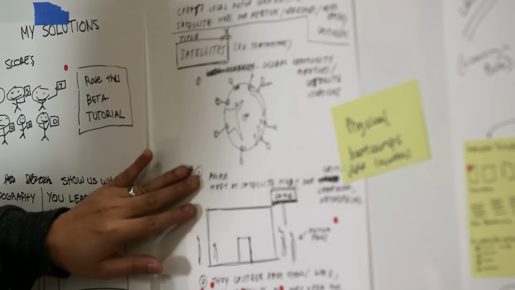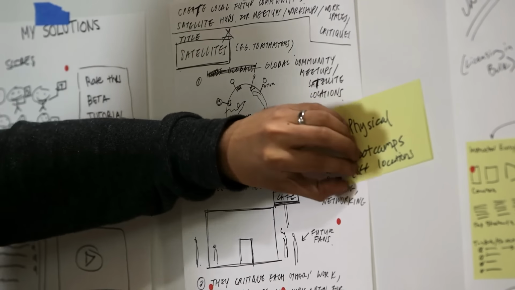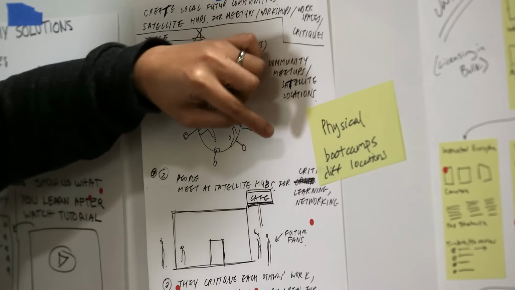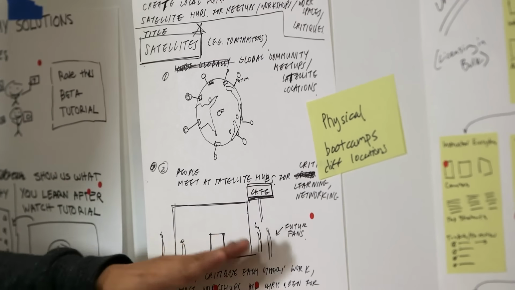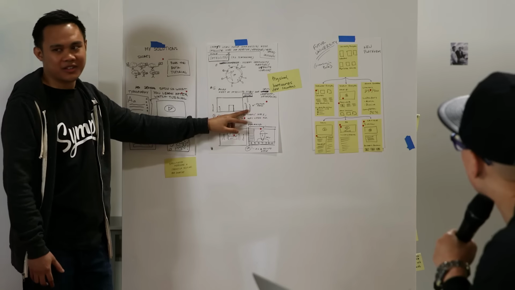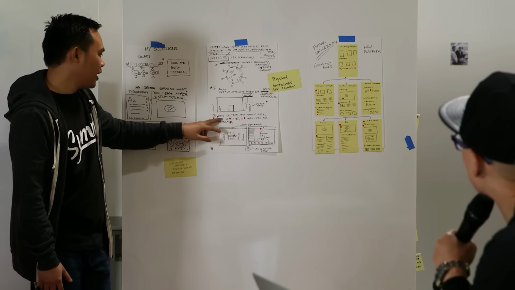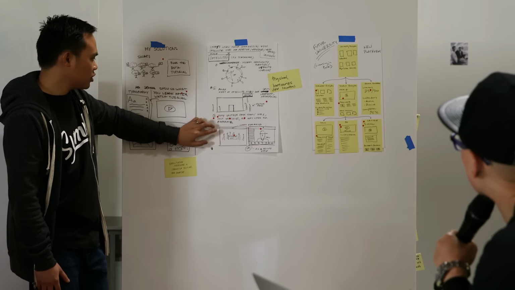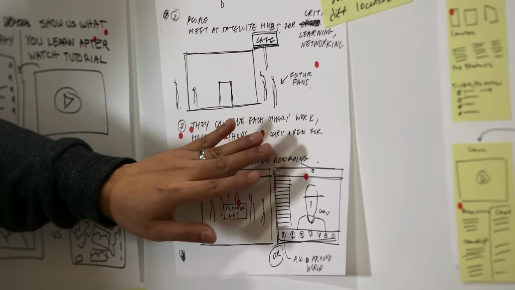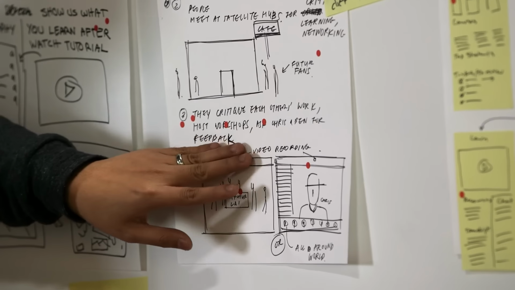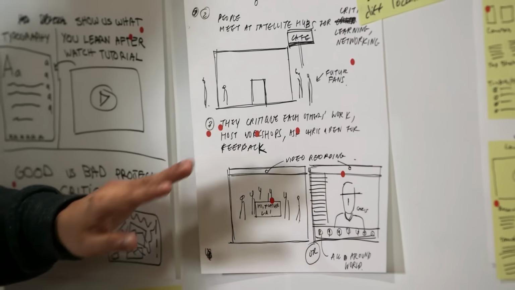Second over here, we have people meet at satellite hubs for, I think, critique, learning, networking. So there's a cafe over here, and then there's future fans. And now there's a lot of red dots over here. They critique each other's work, host workshops, ask Chris and Ben for feedback.